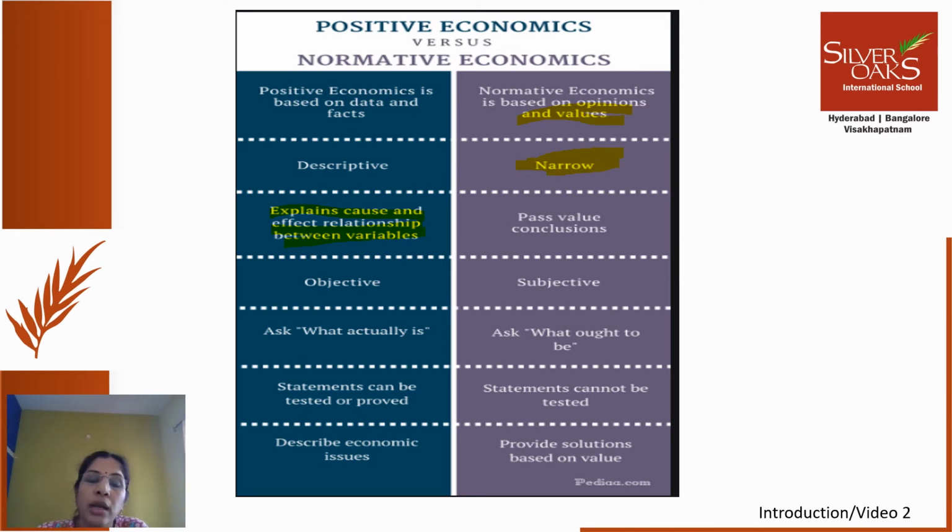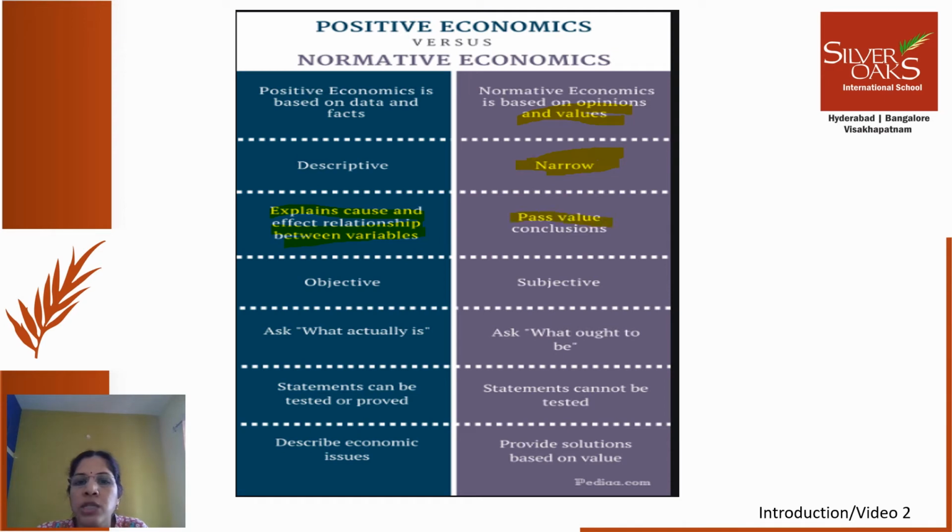So you can establish a cause and effect relationship between economic variables. Like, COVID-19 has resulted in a rise in prices of essential goods by 10%. There is a cause and effect relationship. Such kinds of economic issues come under positive economics.